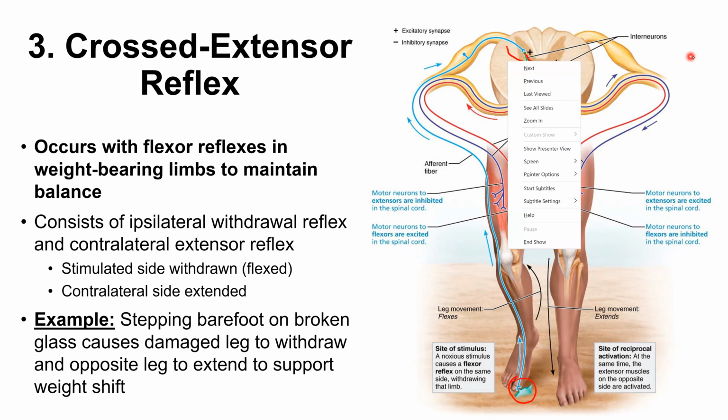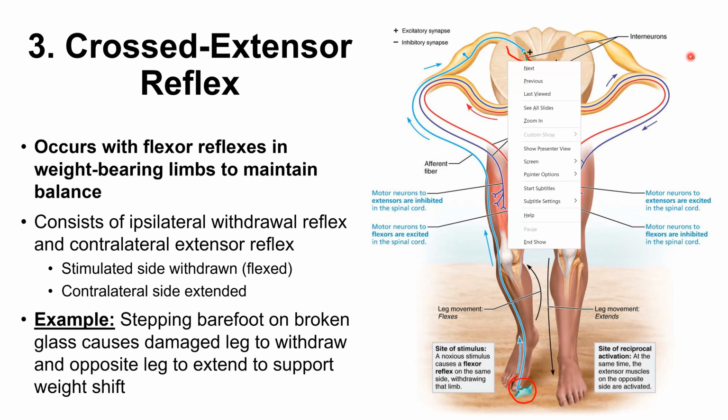It's going to synapse on a second and third interneuron, which sends a positive signal, a stimulatory signal, to, so that would be this purple one, to the quads, telling the quads to contract.